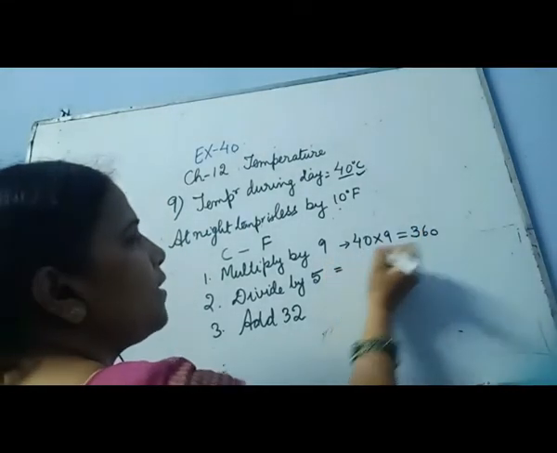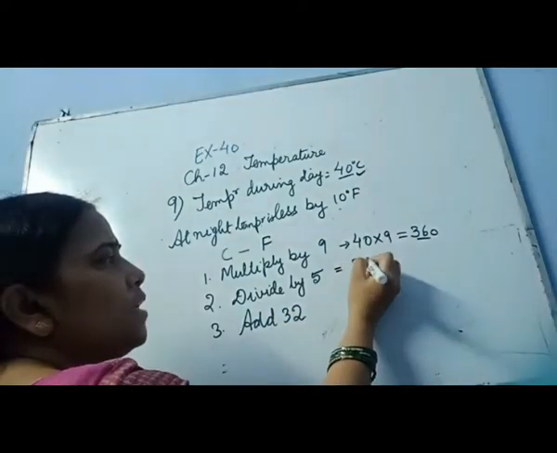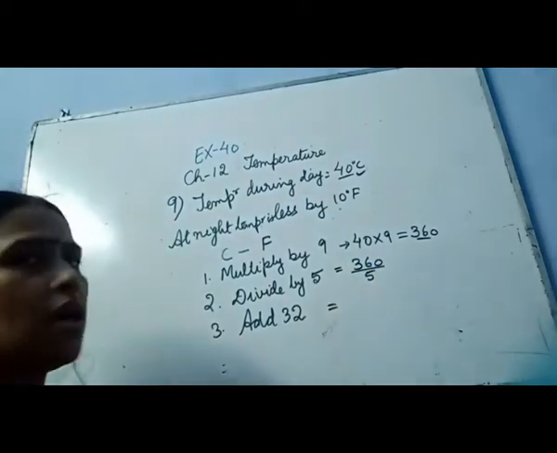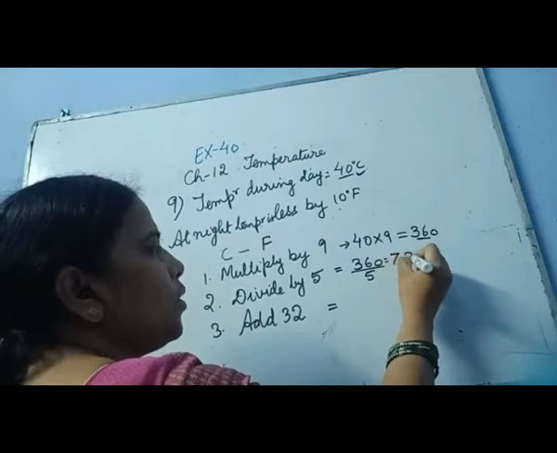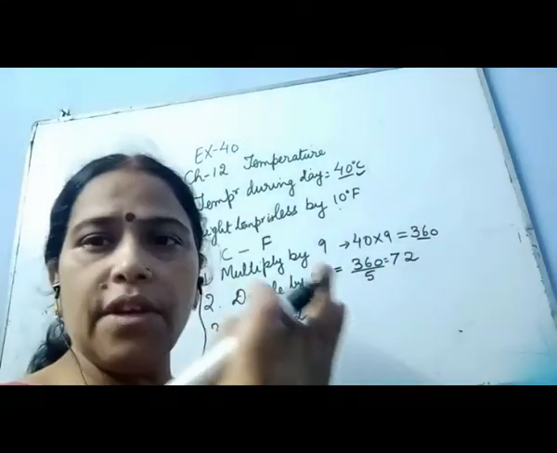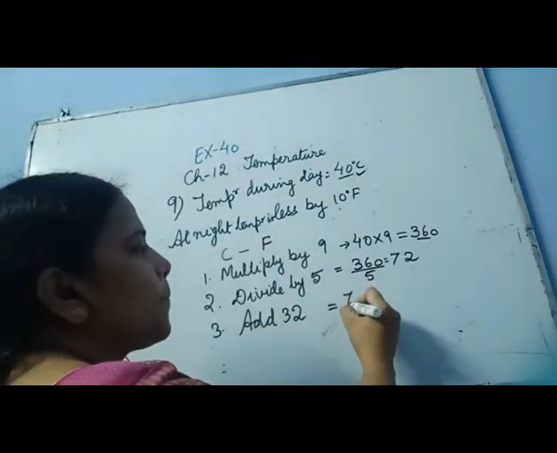Now this 360 we have to divide by 5. How much are you going to get? You will get 72. Now what you will do? Add 32 to this.